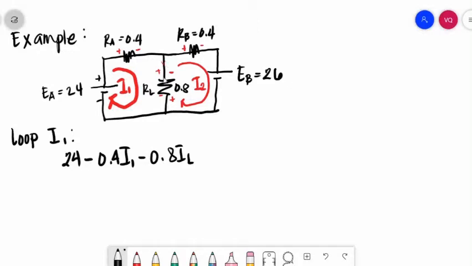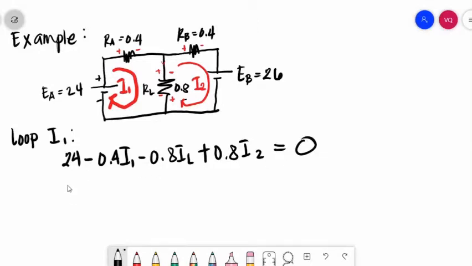And then for I2 here, since RL has two loop currents acting on it, we will have I2 entering the negative sign of RL, so we will have a positive drop. We have 0.8 I2 is equal to 0.